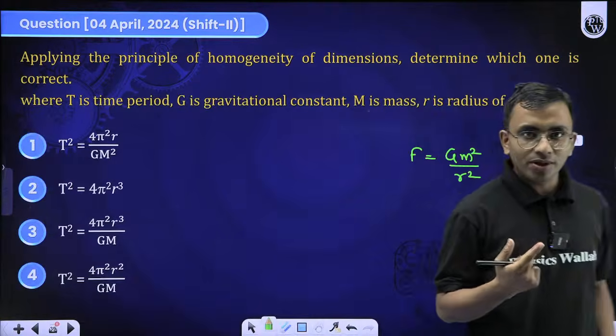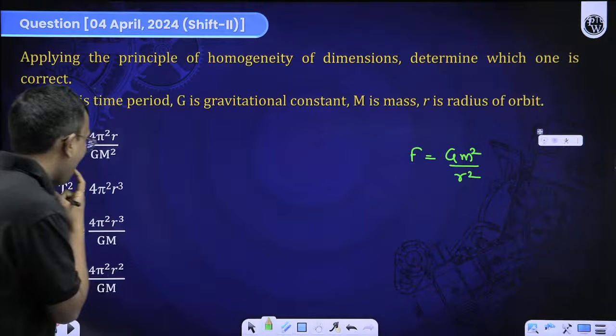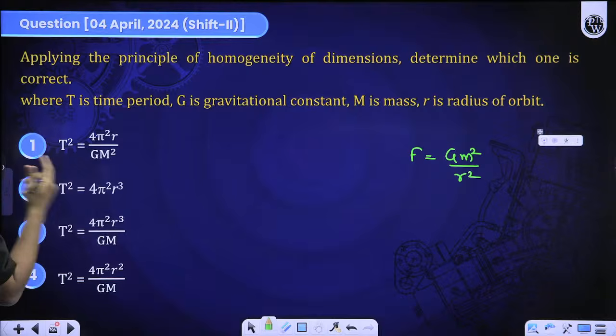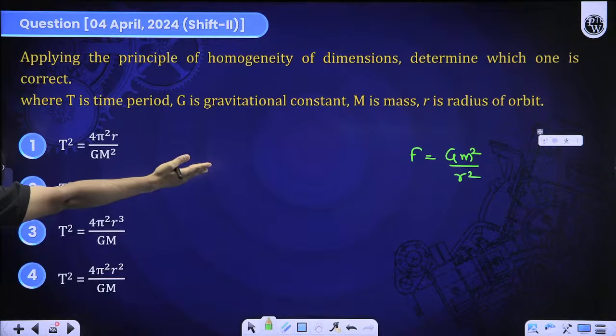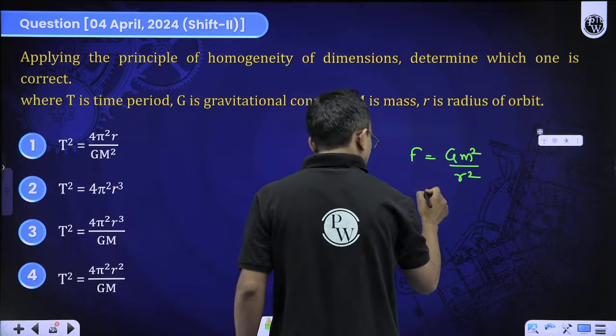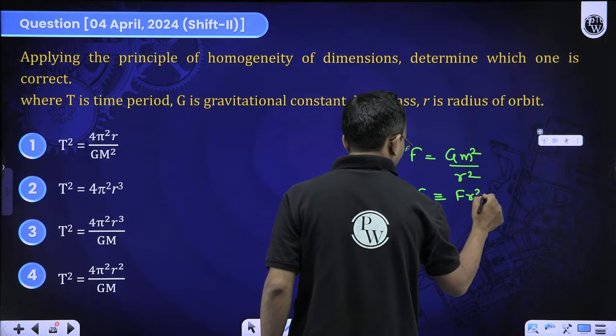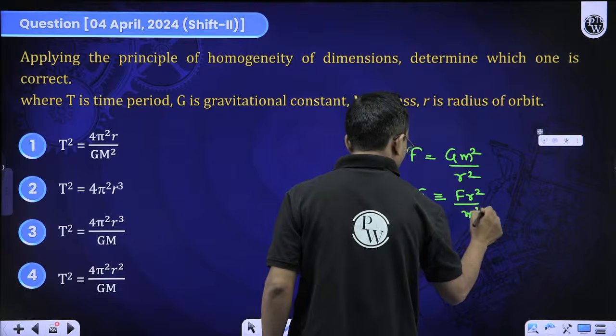Let us see here. One way is, I can try to relate using the formula. Let us do that way only. So G is the same as force into r square by mass square dimensionally.